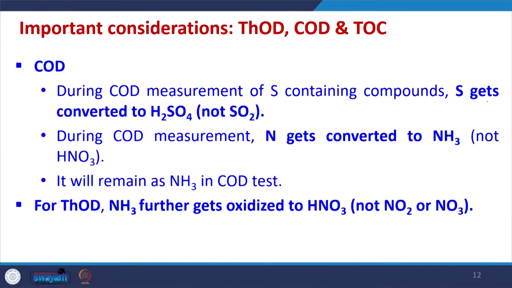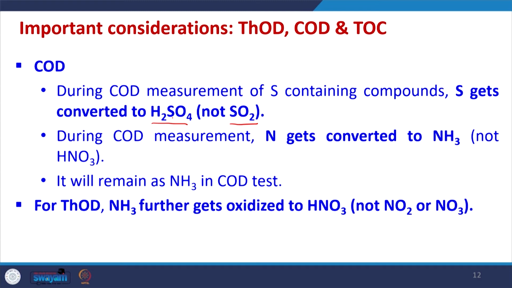During the COD measurement, if that compound contains sulfur, then during calculation sulfur should be converted into H2SO4, not SO2. So, we have to remember that in the balanced equation S should be converted into H2SO4.